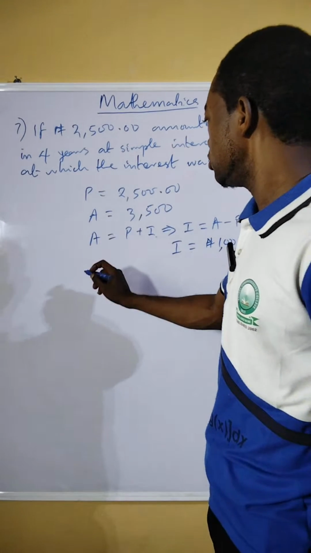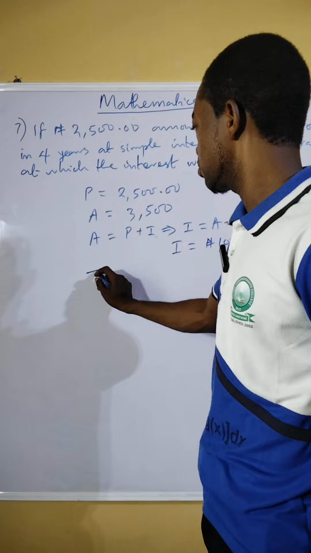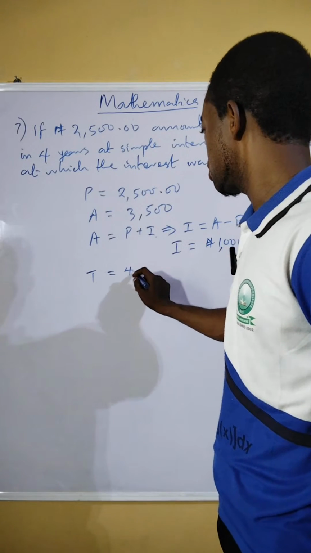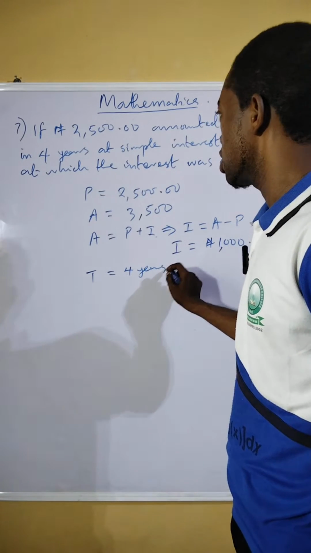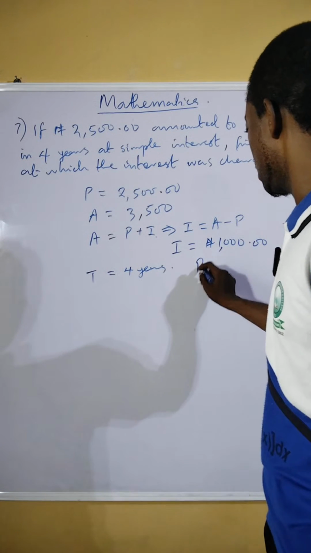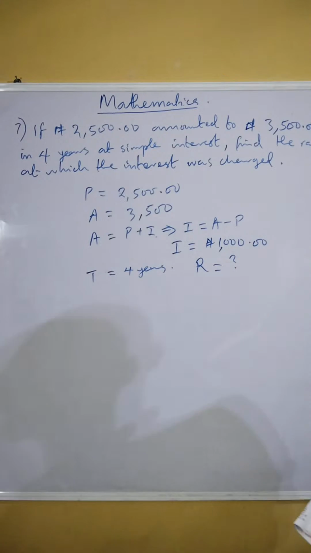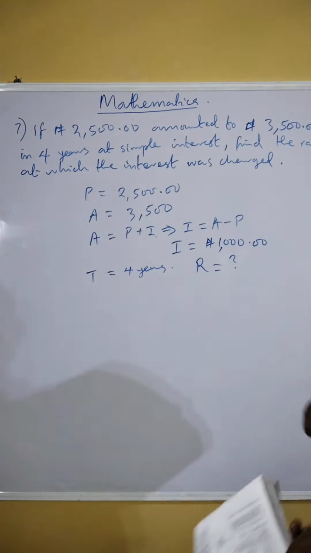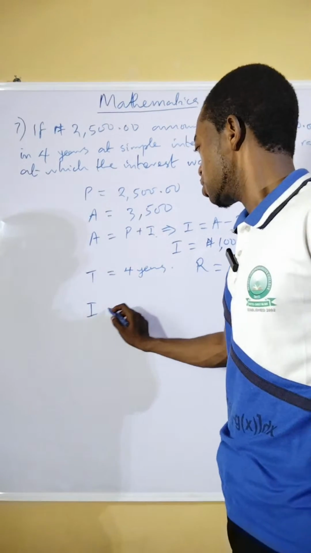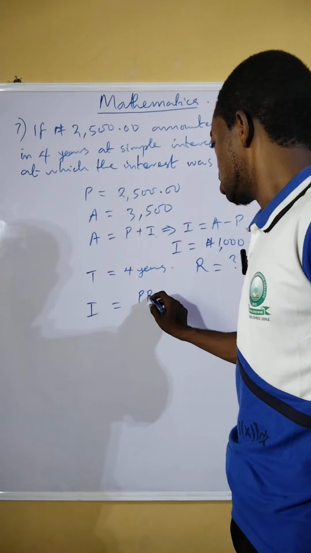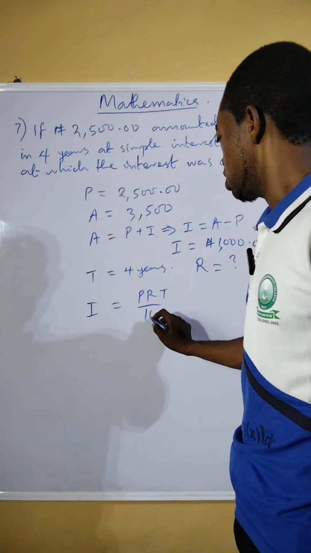Then we have time T, that's 4 years. And therefore we are finding the rate R. Okay, so we can use the formula, which is interest equals PRT over 100.